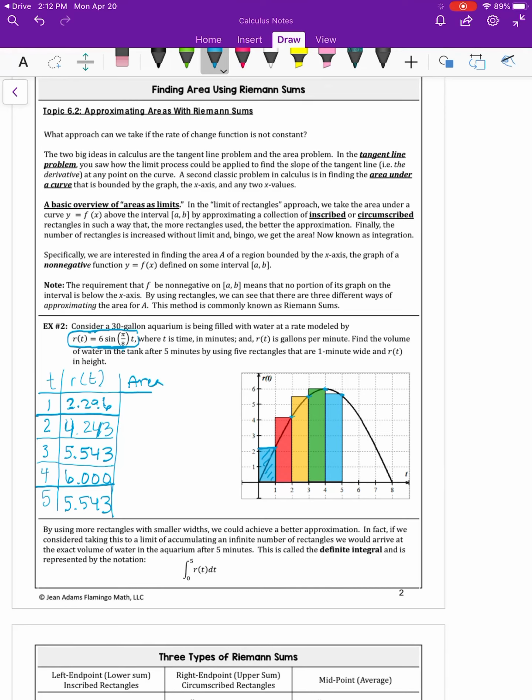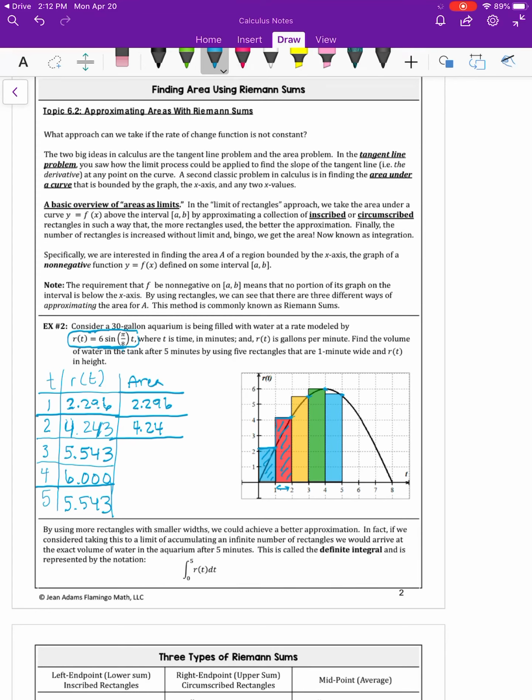what we would do is say, okay, I have this y value. I'm going to take this y value and move it all the way over and calculate the area of this. This would be 1 times 2.296. So that area is going to be 1 times 2.296, which is 2.296.